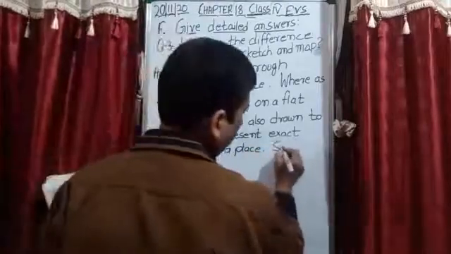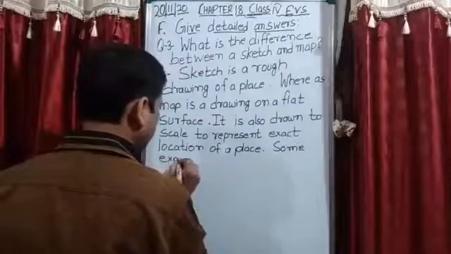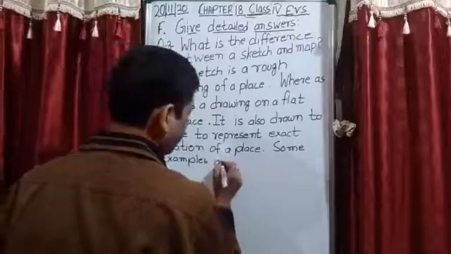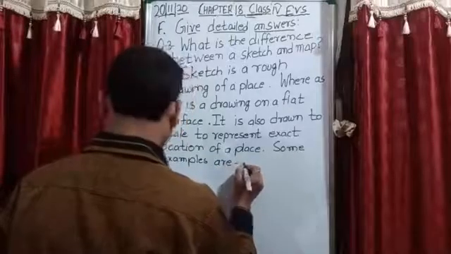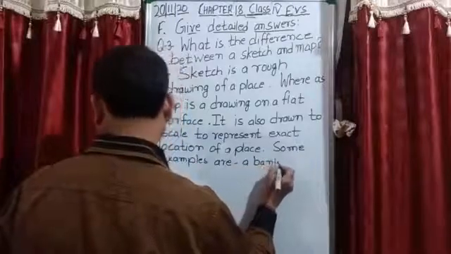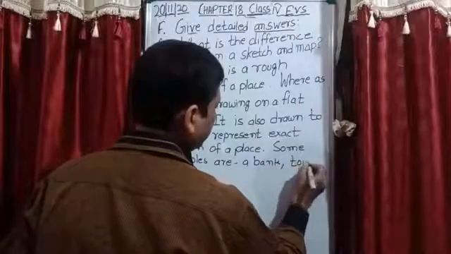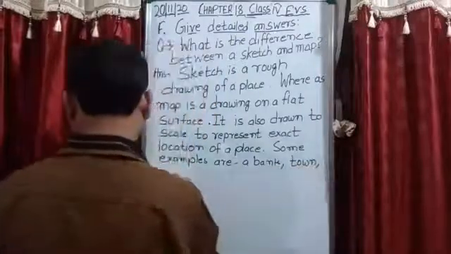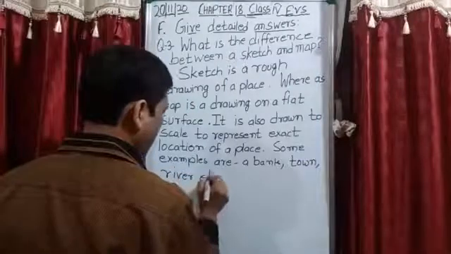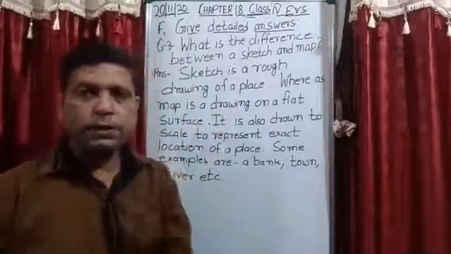Some examples are a bank, town, river, etc.